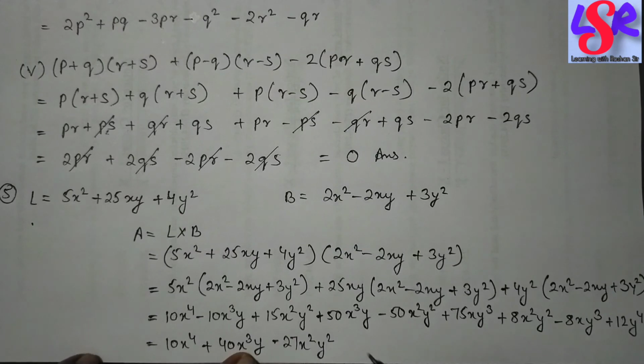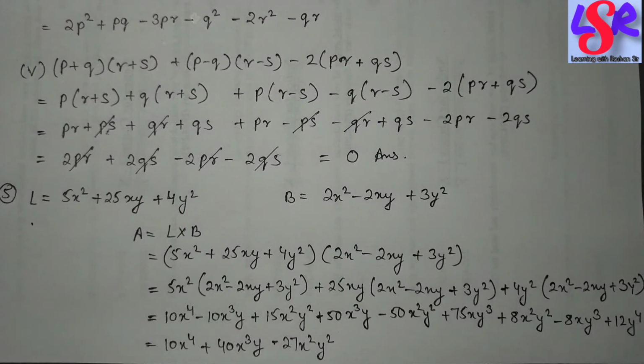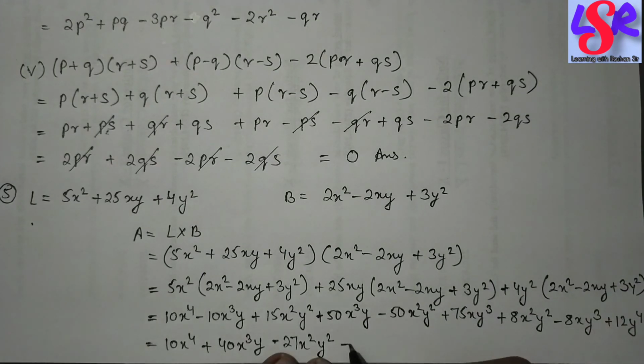Then for xy cube, we are having 75 and minus 8, that is plus 67xy cube. And at last we are going to copy this one, that is plus 12y to the power 4 square units.